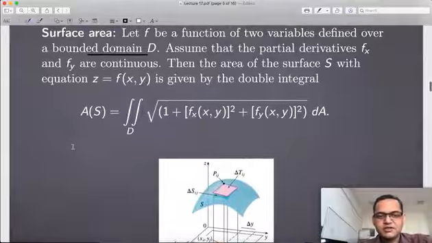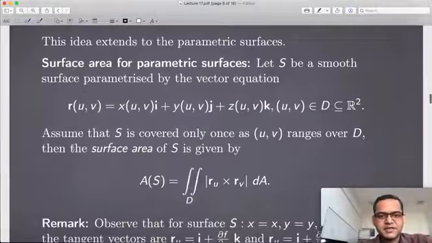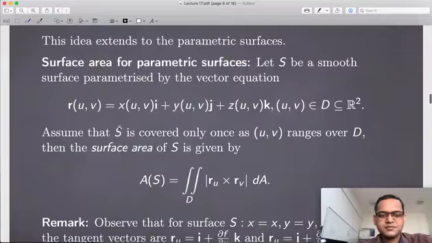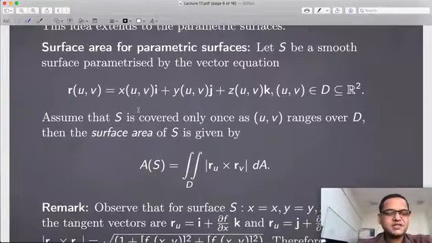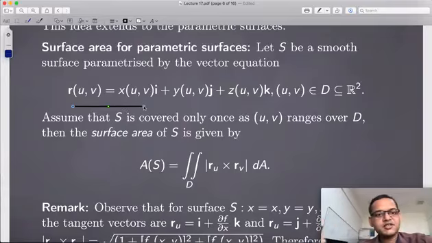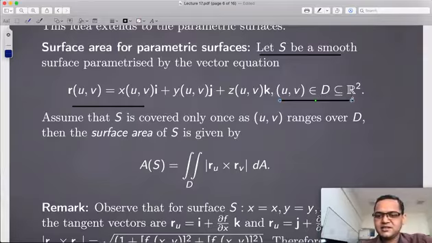Let me first complete this. This is the definition. Previously we had a discussion. Now when you ask what is the surface area of a parametric surface, you need to make some assumptions: you start with a smooth parametric surface given by this parameterization, and the domain is a domain in R2.